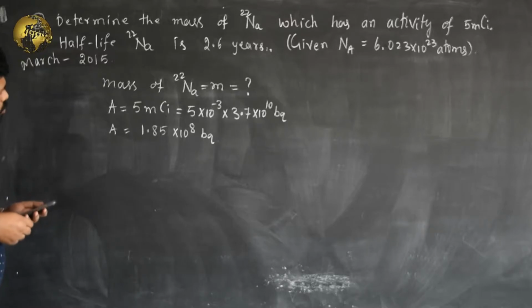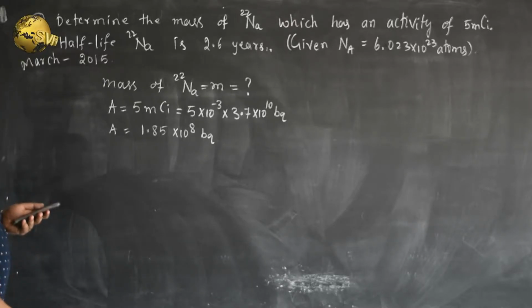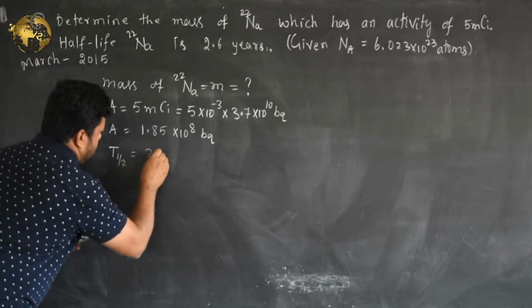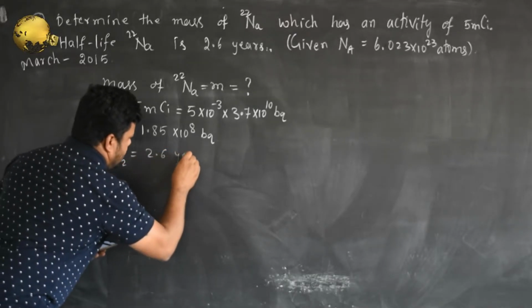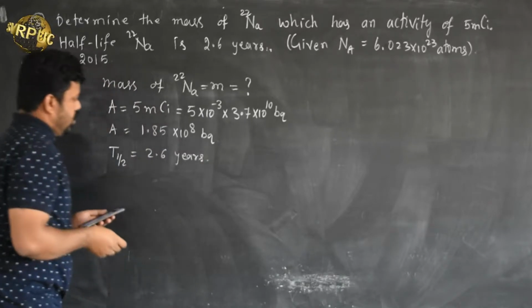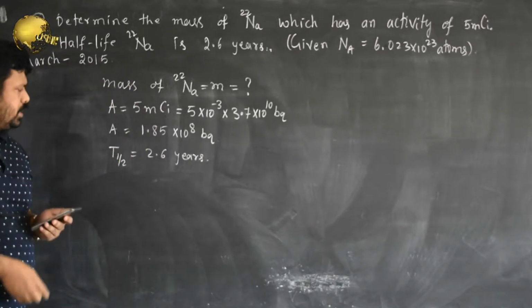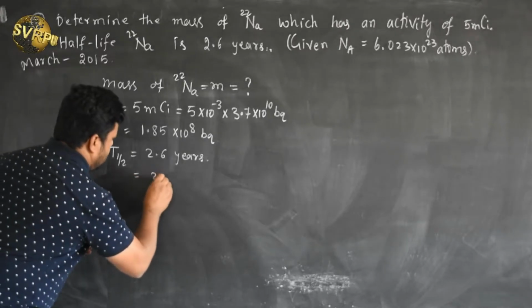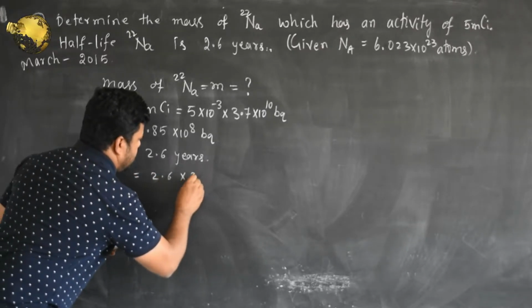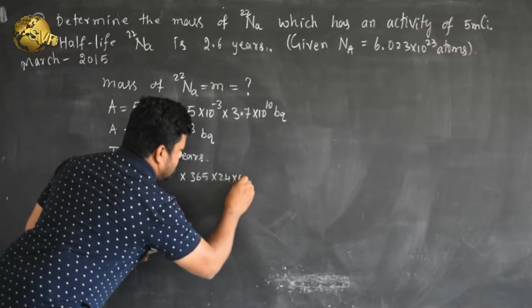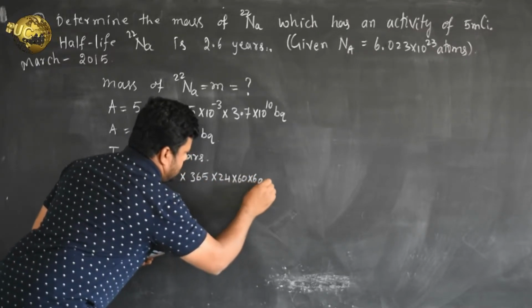Half-life of sodium 22 is 2.6 years. So that is again T half is equal to 2.6 years they have given. But it's not the SI unit of time, so we need to convert it to seconds. So this will be 2.6 into 365 into 24 into 60 into 60.